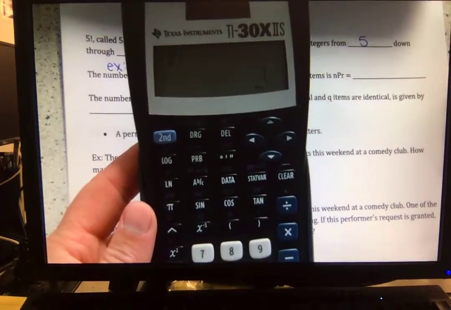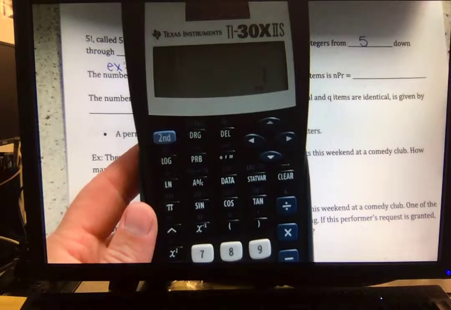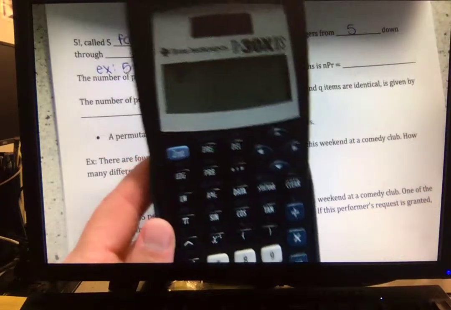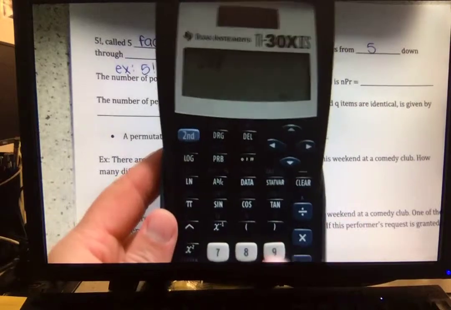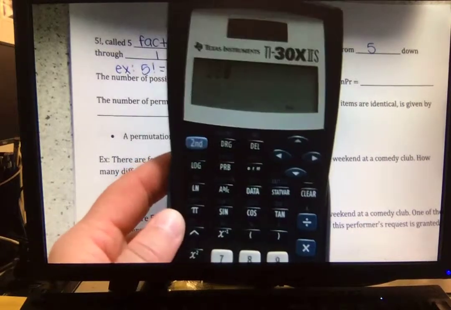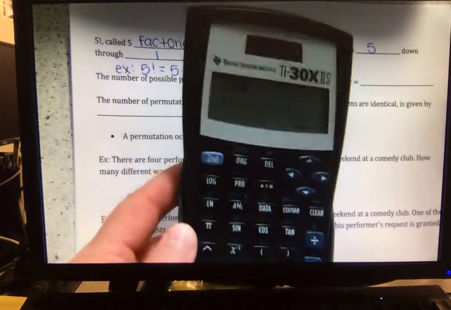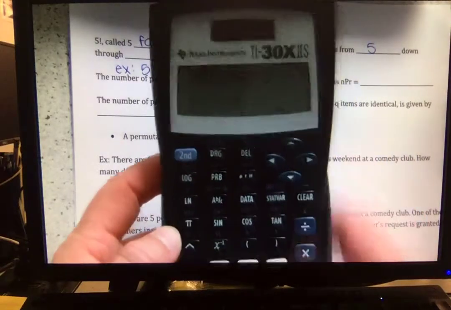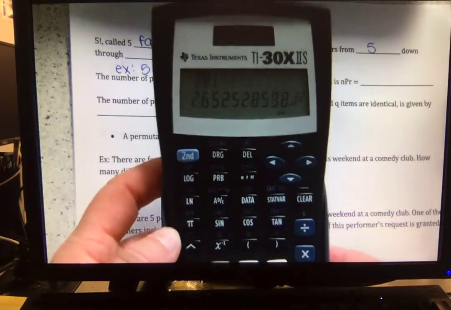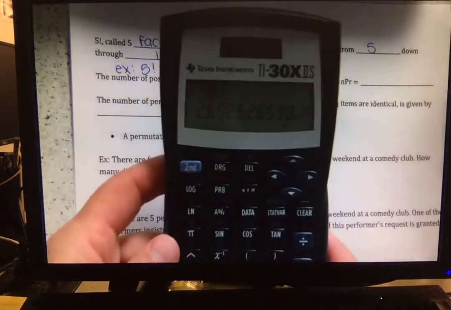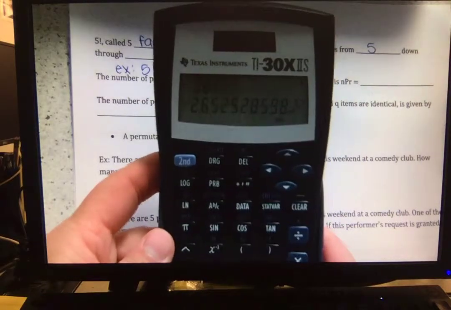Could you put in 30 and explain how we use that answer? 30 factorial? Yeah. You really wouldn't have anything this big, by the way. So PRB, factorial. What this crazy number is saying is scientific notation.